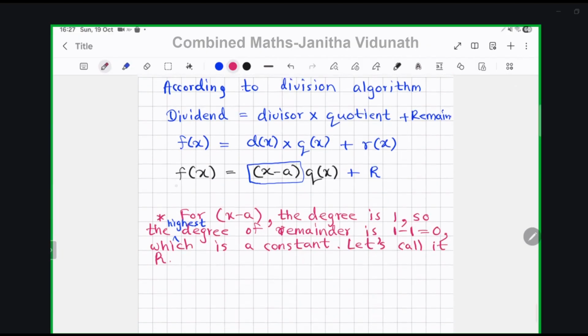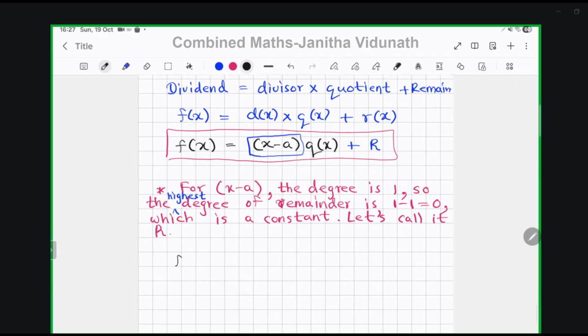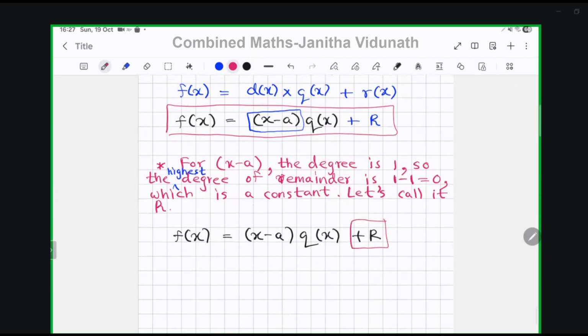Okay. Now we have written this according to our division algorithm. That means f(x) equals x minus a times q(x) plus R. Now we need to find the value of R. From our first example in the previous day's homework, if we don't want to find the quotient, then we need to plug in a value that vanishes the quotient.